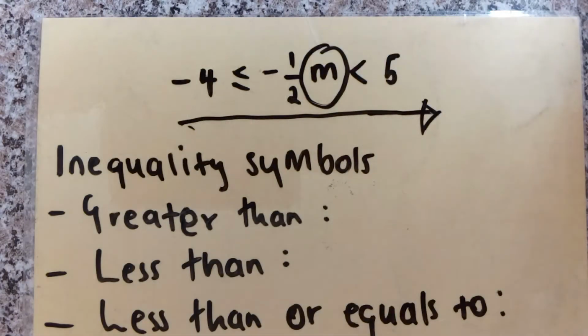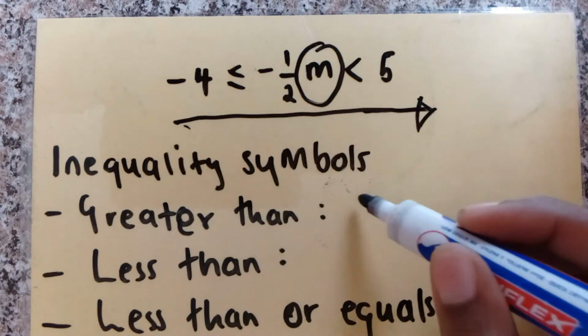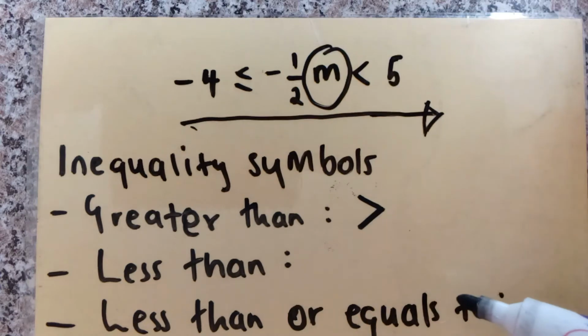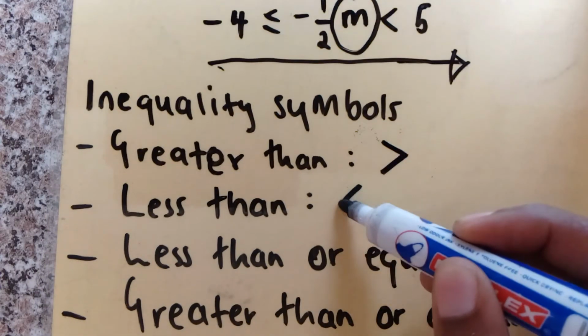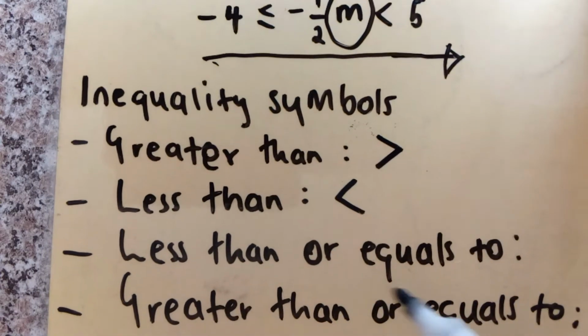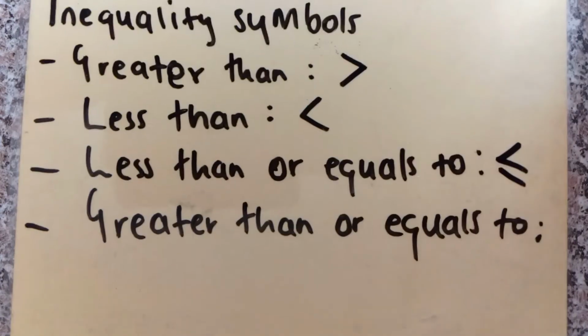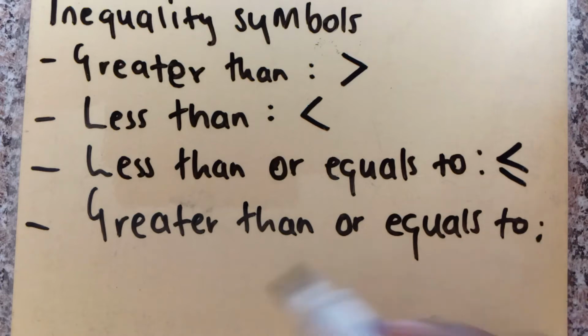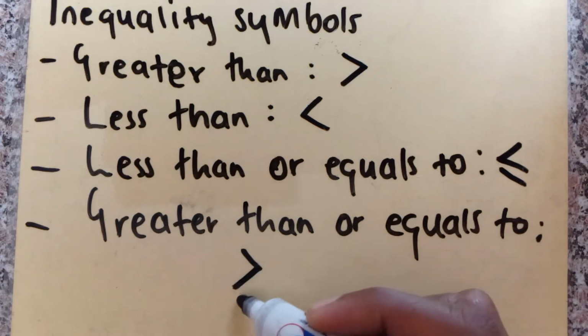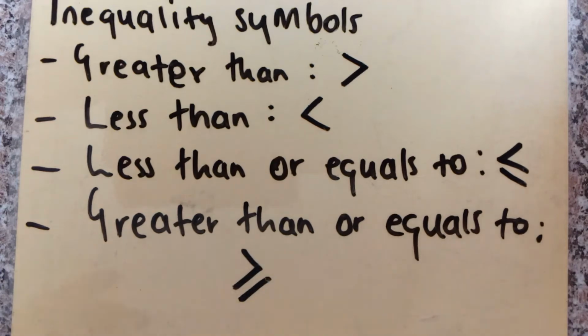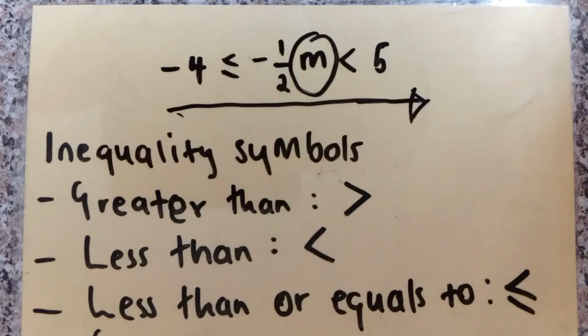These are, for example, greater than, less than, less than or equal to, greater than or equal to. So now that we have defined what an inequality is, let us now solve for m. Let us now solve this linear inequality.